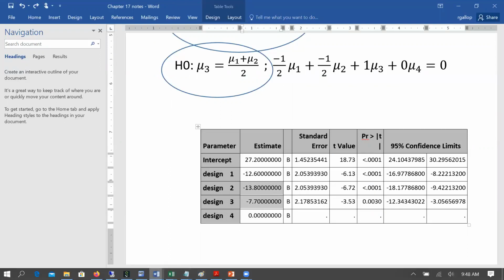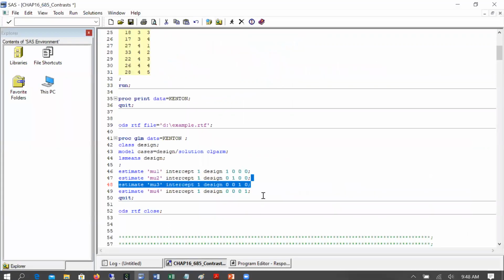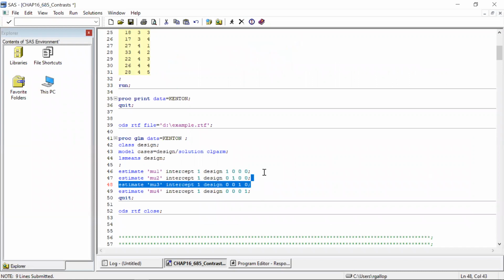So when we go here, this gives us the estimated means for each of the other 3 designs. This is the deviation from the reference cell for design 2, for design 3, and design 4 is the reference cell. We know the coefficient in the SAS parameterization is 0 for the 4th cell.